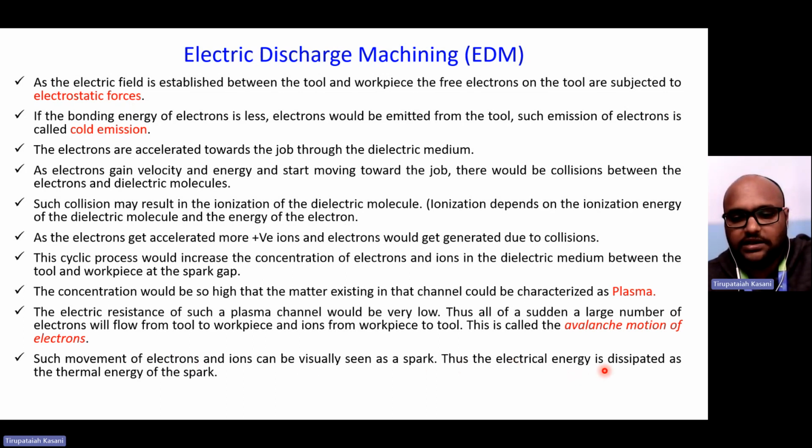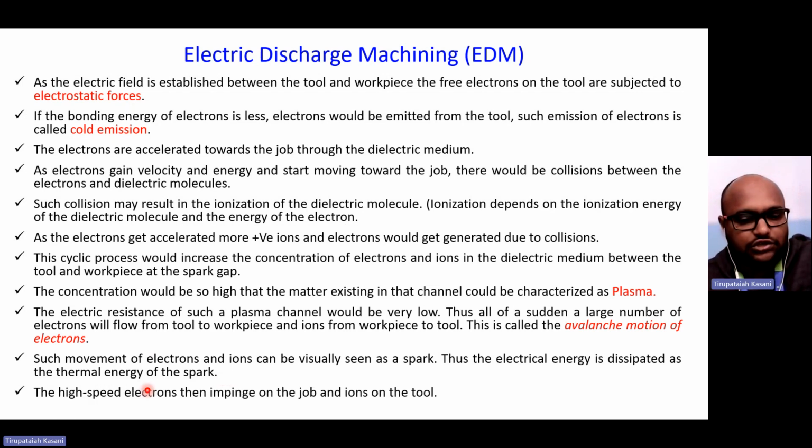Thus, the electrical energy is dissipated as thermal energy of the spark. As of now, these are the positive ions and negative ions, that is electrical energy. When it is converted into a spark in the plasma region, we can call it the thermal energy of the spark. The high speed electrons then impinge on the job, that is the workpiece, and ions on the tool, means positive ions on the tool side.